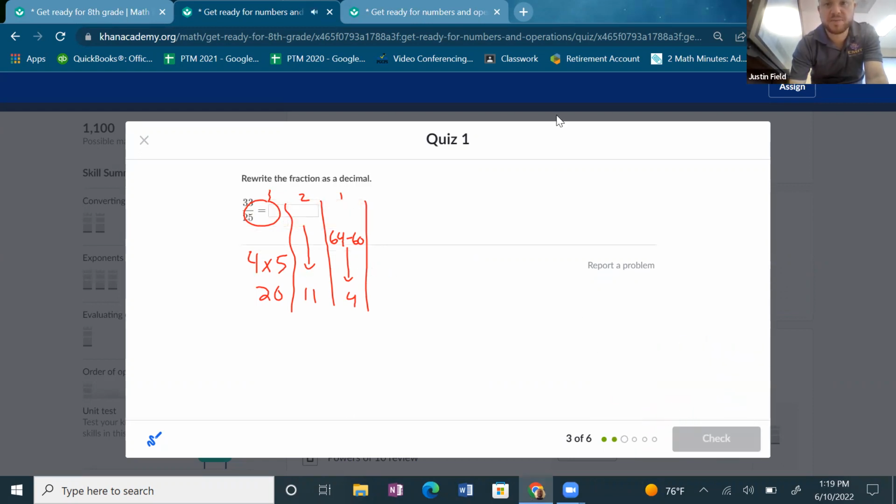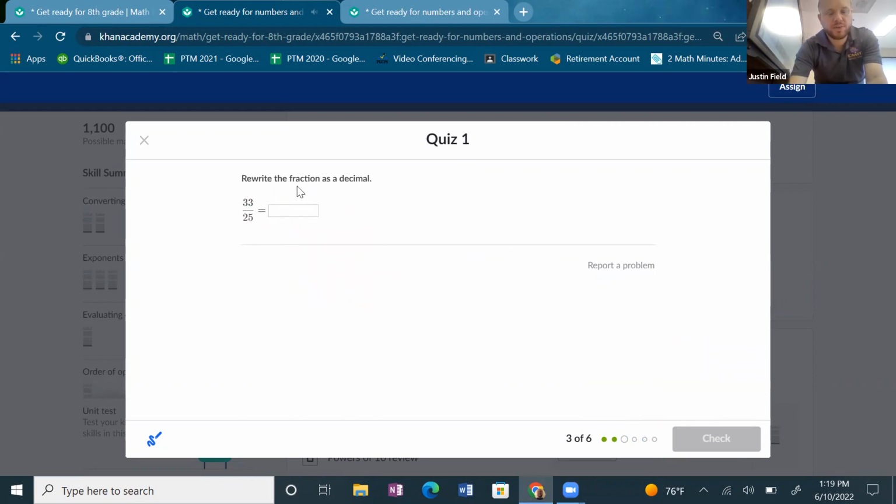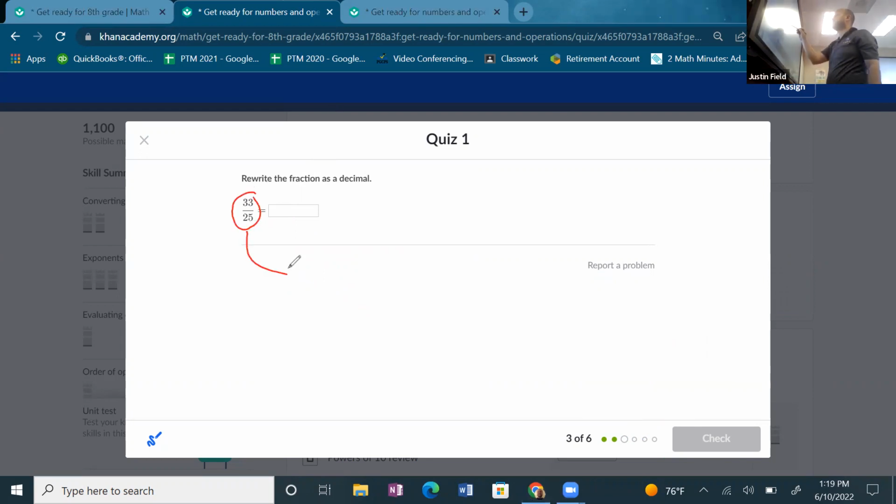All right. Rewrite the fraction as a decimal. Ooh, another great one. How do we do that? It's like the first thing I teach when I teach 8th grade. We put the denominator on the outside, the numerator on the inside. It's probably going to end because it's not telling me to round or anything. 25 goes into 33 one time.